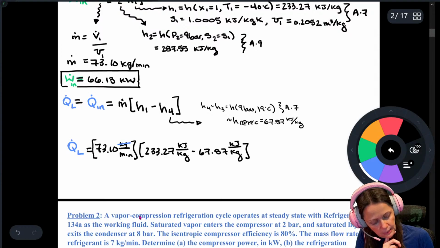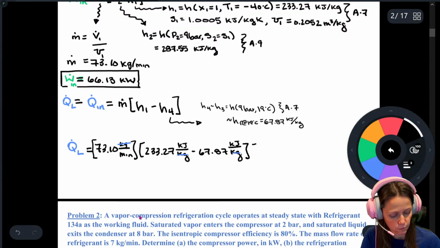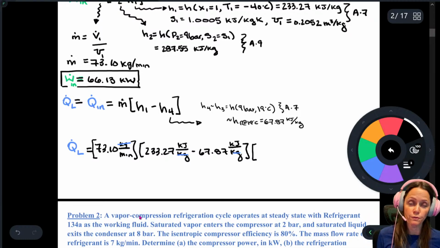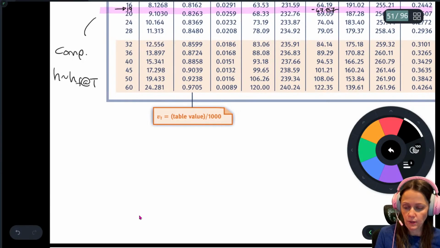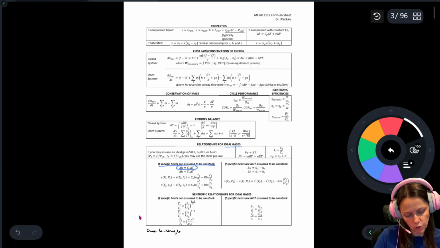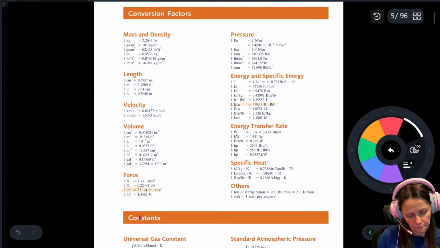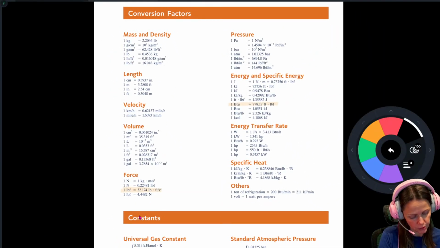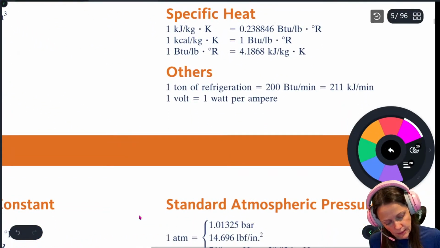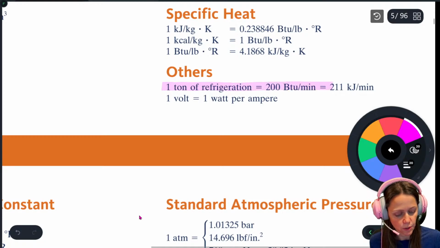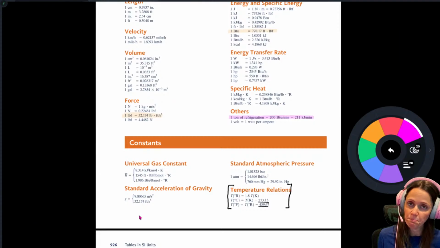See that this is going to give us kilojoules per minute, and the conversion factor, if you look on your conversion factor sheet, let's go there together just to make sure that we've got it. So ton of refrigeration, there we go. It's right there. So a ton of refrigeration is 200 BTU per minute, or 211 kilojoules per minute.